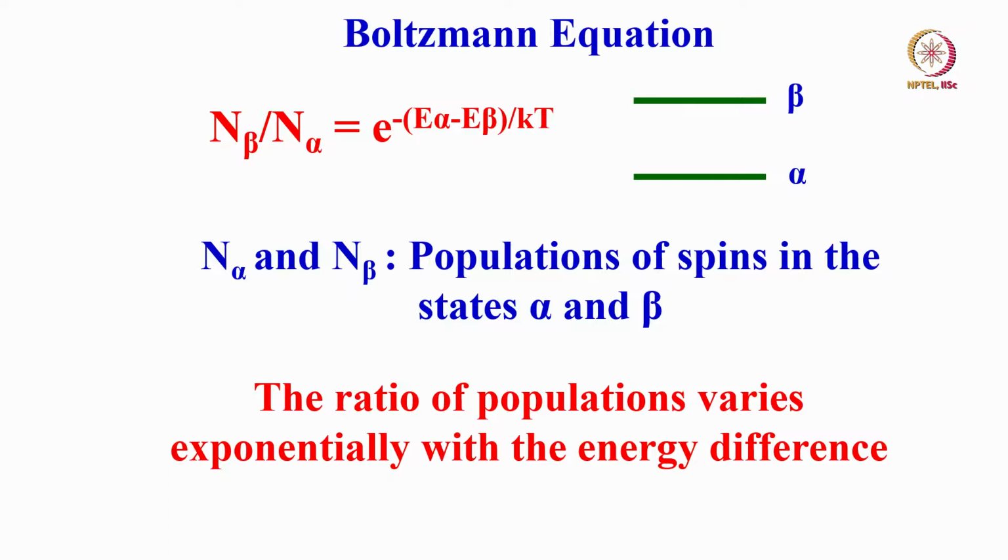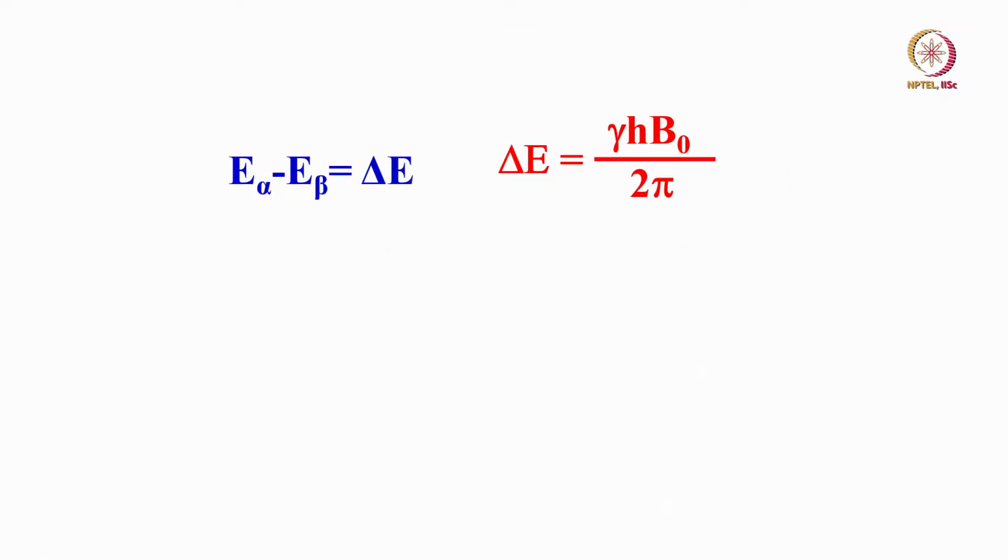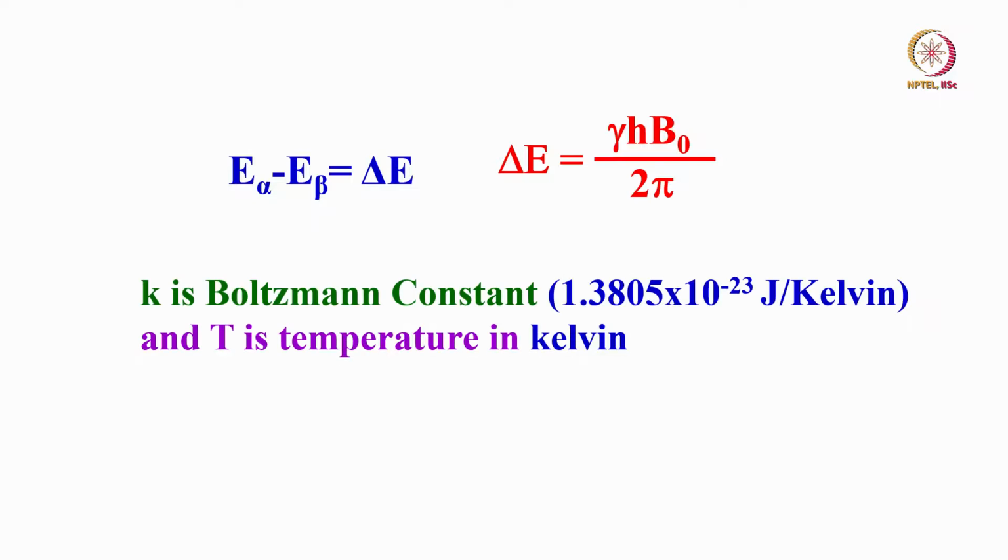So if you know the difference in energy between alpha and beta spin states, T is the temperature, k is the Boltzmann constant, you can find out the population difference. Very easy, you can do that. I know delta E, I know the Boltzmann constant and its value, I know the temperature T, which is in Kelvin, I can calculate everything.